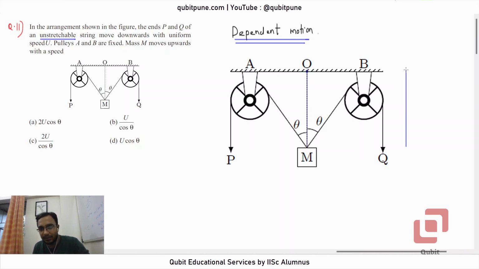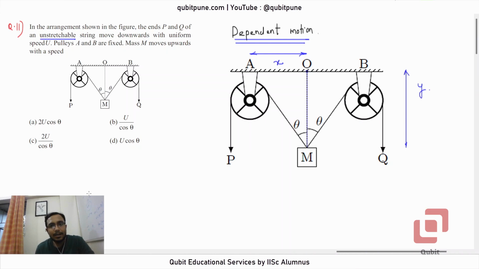Let us call OM as y, and suppose I call this x. I can also call OB as x, but because Q and P are moving downwards with uniform speed, we can take either of the two.